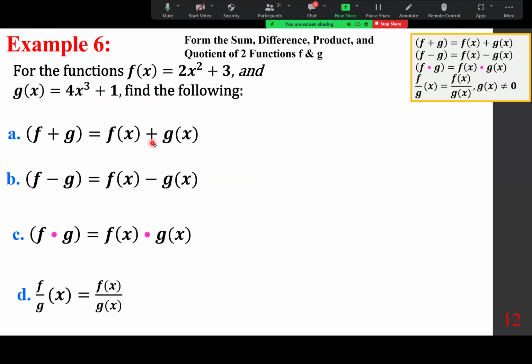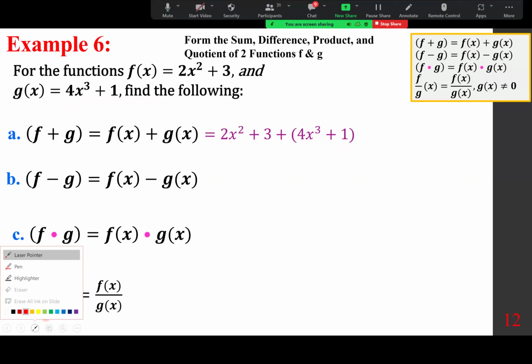We want to add up the two functions. By now you have mastered this. And I like to put this in descending order. Because of the plus sign, you can drop the parentheses. This comes first, this comes second.